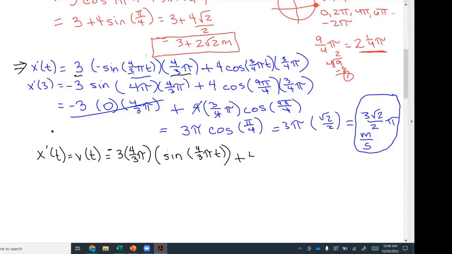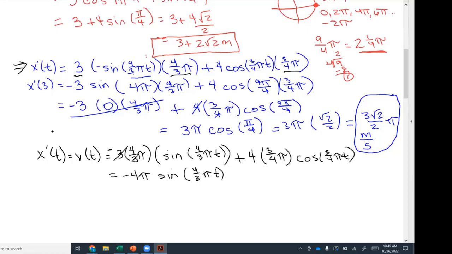Plus 4. And again, I'm going to do the same thing, that 4/3 pi at the end. I'm going to push forward, and I get the cosine of 3/4 pi t. This cancels with this. I get -4 pi times the sine of 4/3 pi t, plus this cancels with this, 3 pi times the cosine of 3/4 pi t.